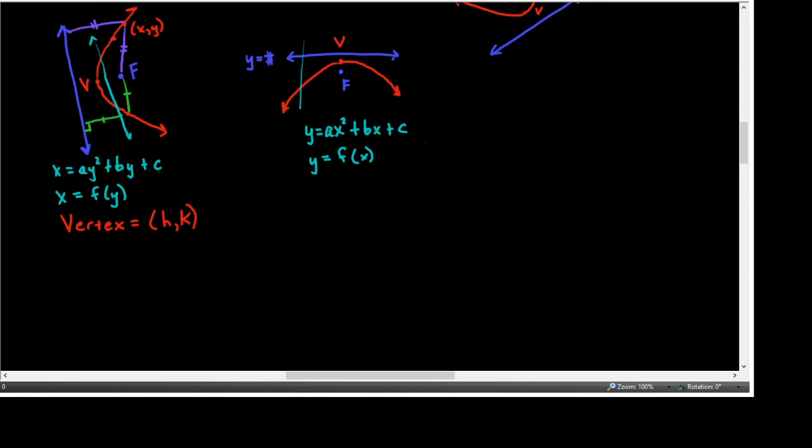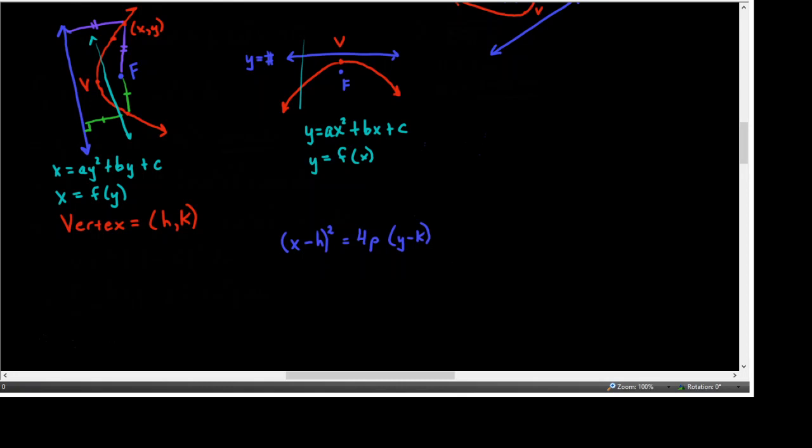The standard form for the equation of a parabola with a horizontal directrix will be (x minus h) squared is equal to 4 times p times the quantity (y minus k). And so that's the standard form of the equation of a parabola as described above.